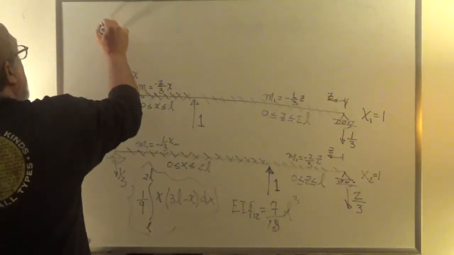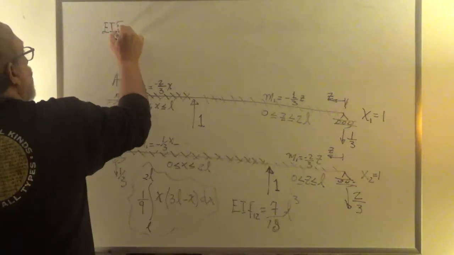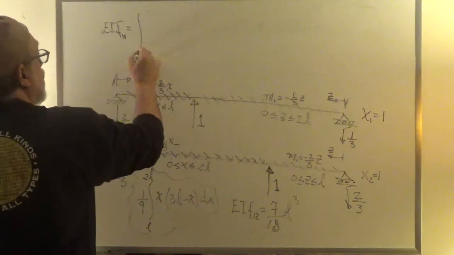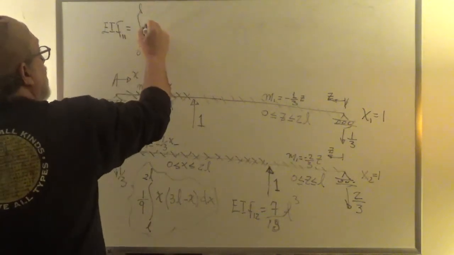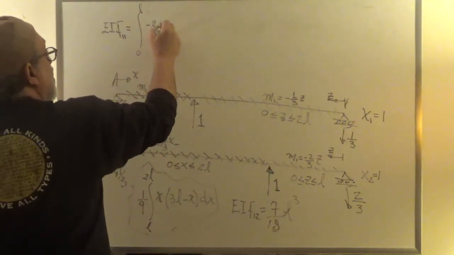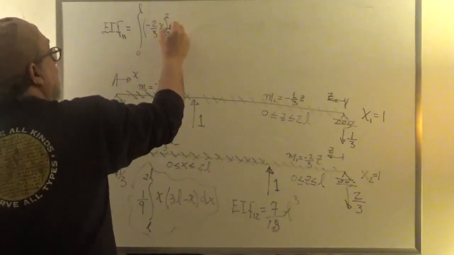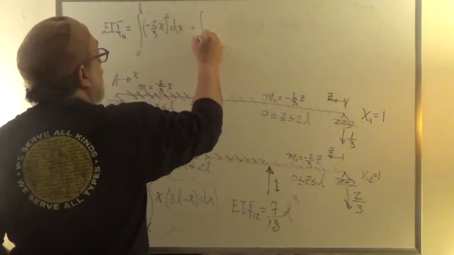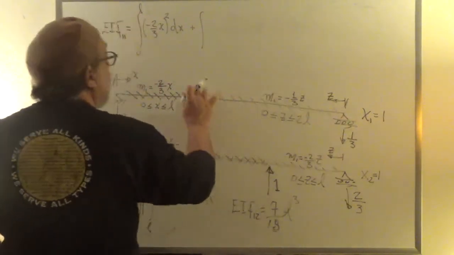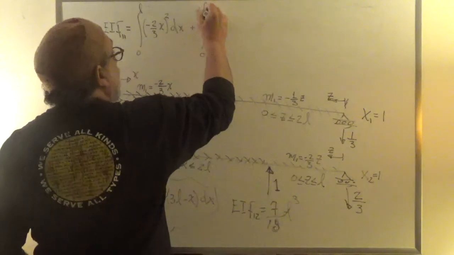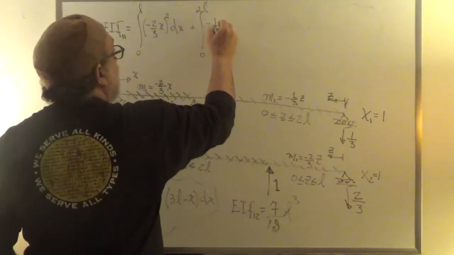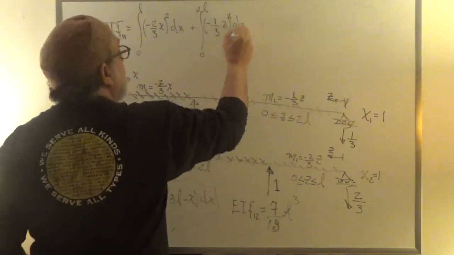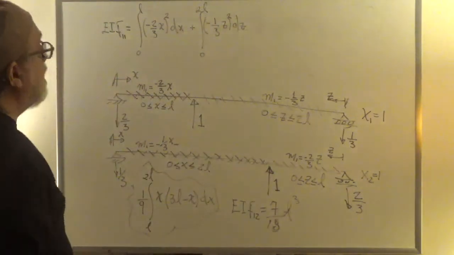So we can say EI times F11 is equal to the integral over this part, which is the integral from 0 to L of minus 2/3 of x squared dx, right? That took care of this part, plus the integral from 0 to 2L of the moment here, minus 1/3 of z squared dz, right? And that's it.